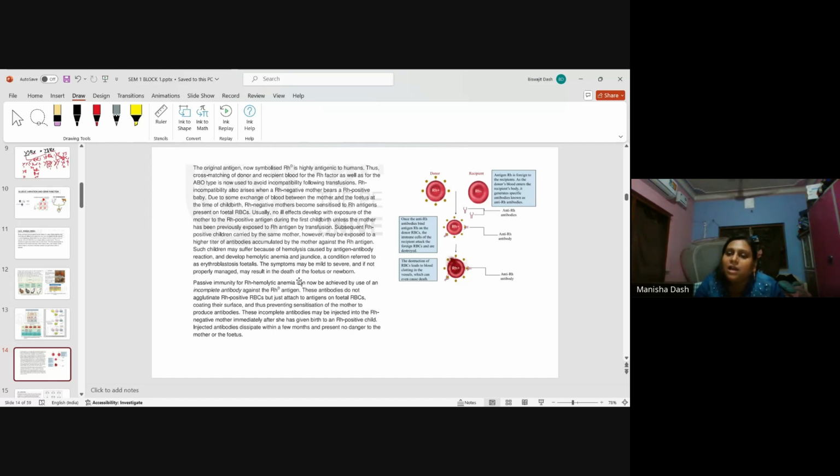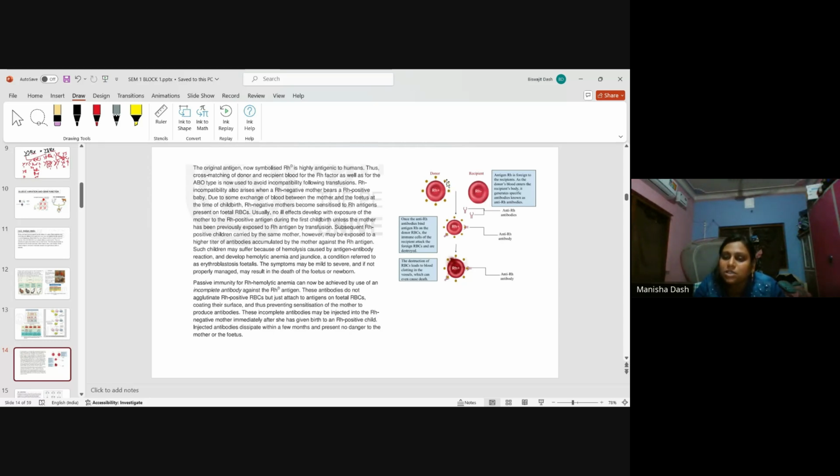Now another thing happens here, in case of pregnancy, in the development of the fetus. If by chance the mother is Rh negative and the father is Rh positive, usually the positive is the dominating condition over the negative one.